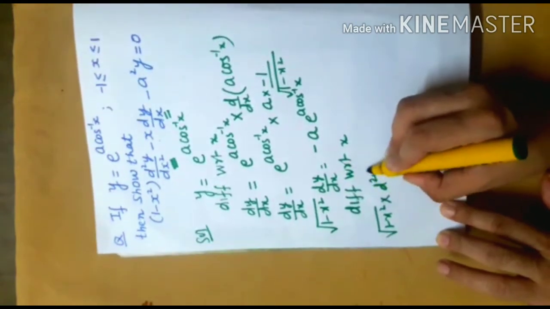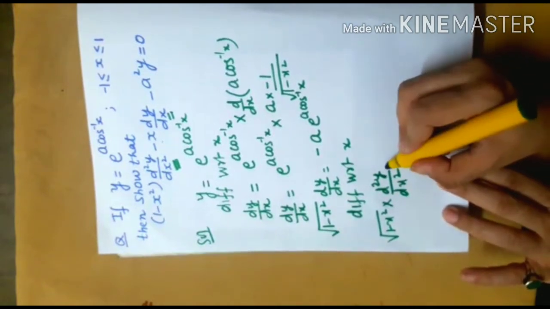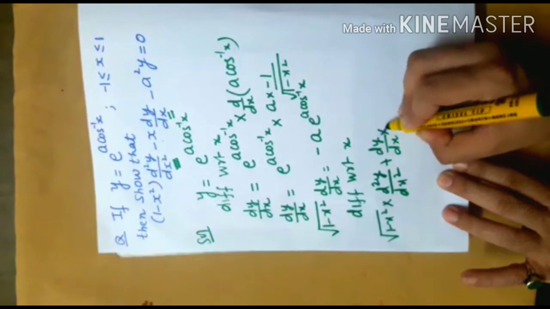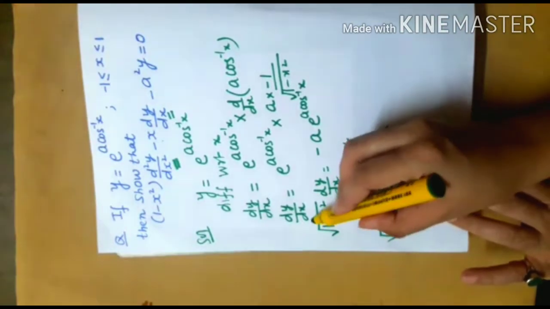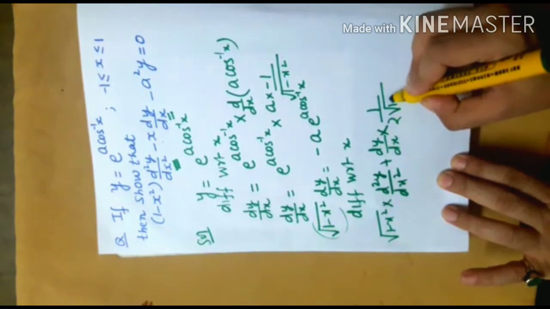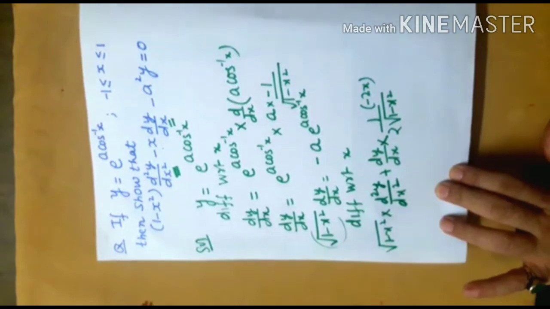Derivative of dy by dx will be d square y by dx square, plus second function into derivative of first, and its derivative will be 1 by 2 root 1 minus x square into minus 2x.